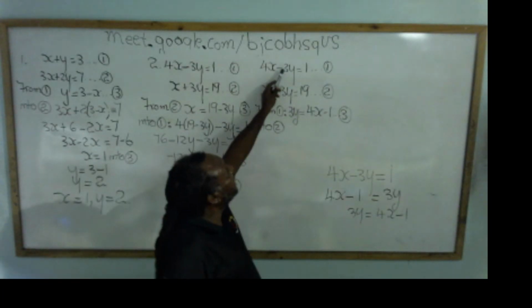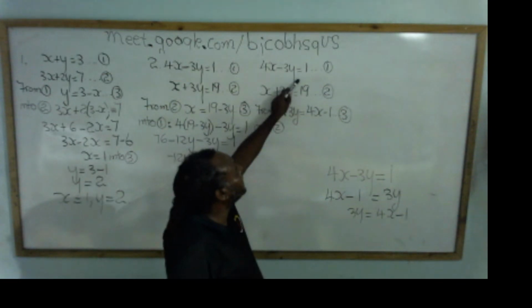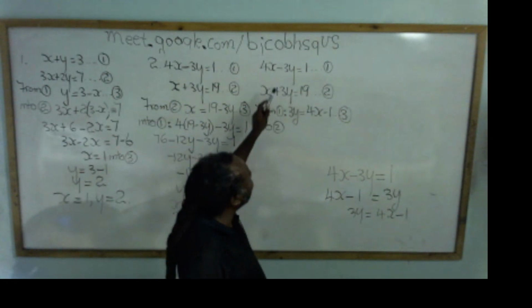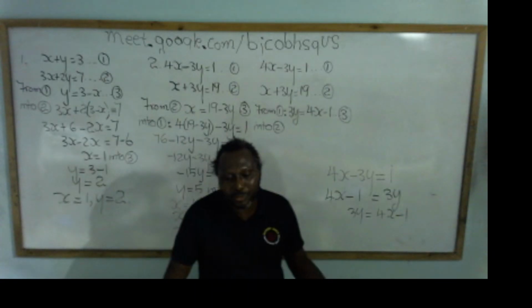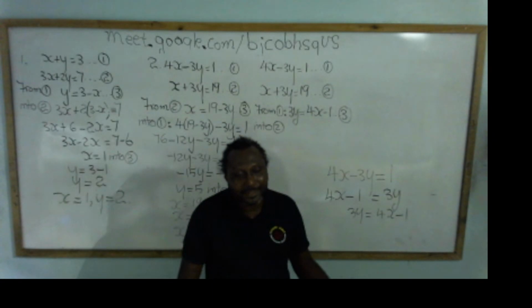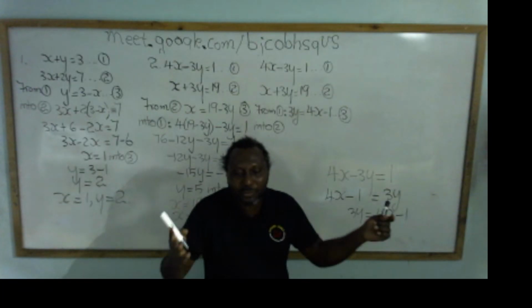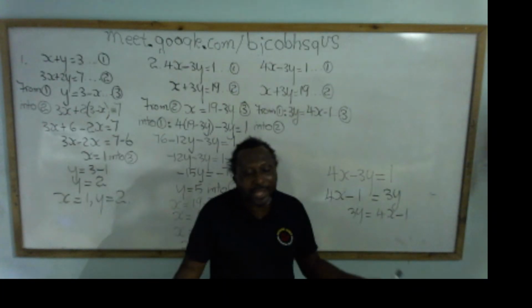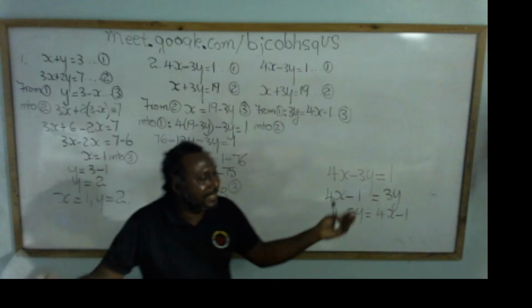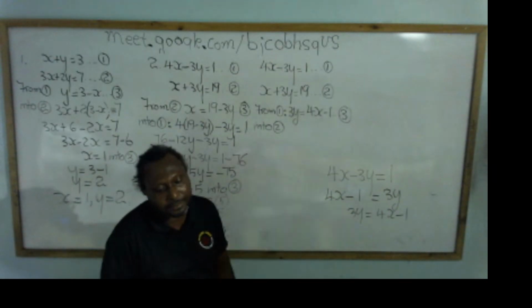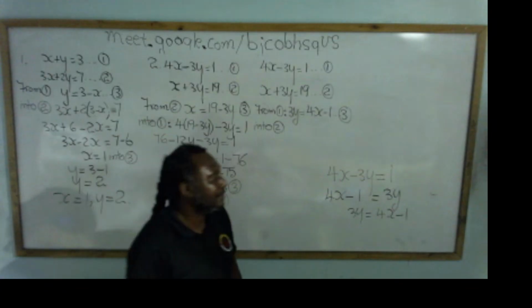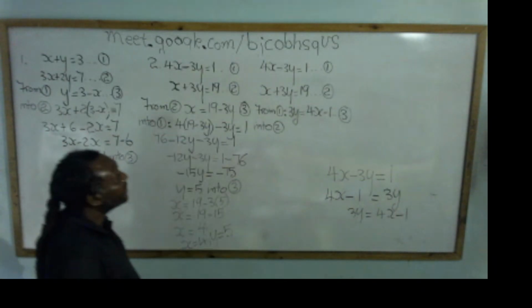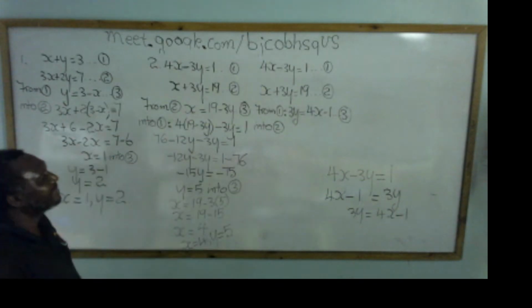We have an occurrence of 3y right here, and we have an occurrence of 3y right here. So if we can substitute 3y for 3y, then it's just as substituting y for y or substituting x for x, because 3y is identical to 3y. So that substitution can be made. So let us make that substitution.